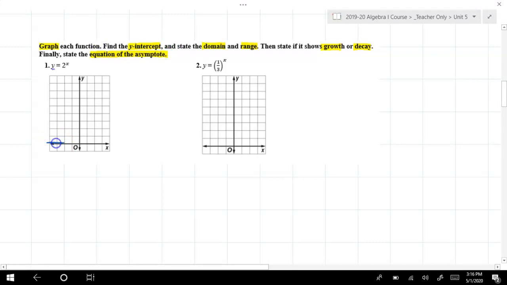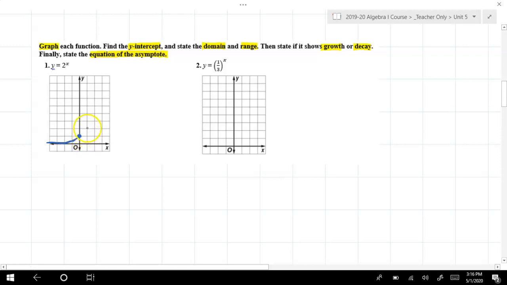I can see that this is leveling off at 0. Looks like it's going through the y-intercept at 1. I'm going to verify that by looking at the table to see if there's any easy points to graph, and over 0 up 1 is the first one. That is in fact the y-intercept.